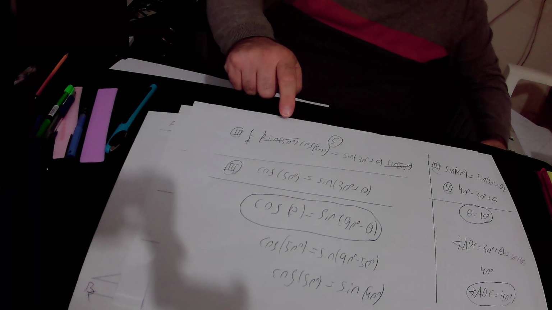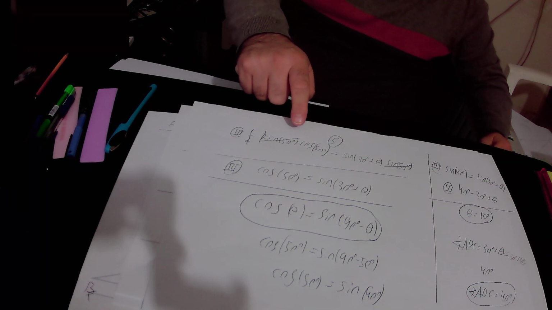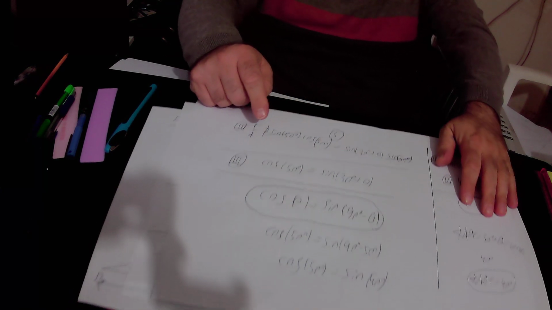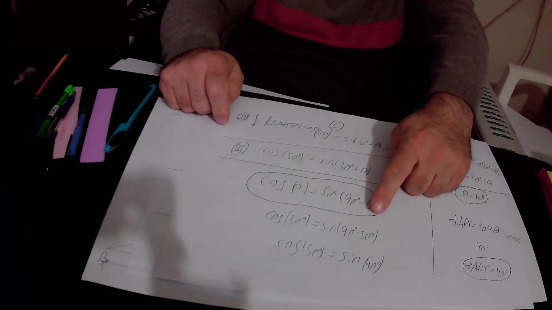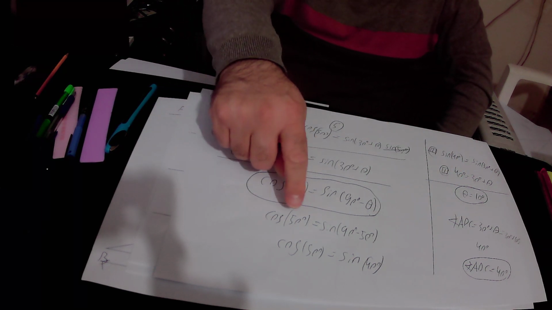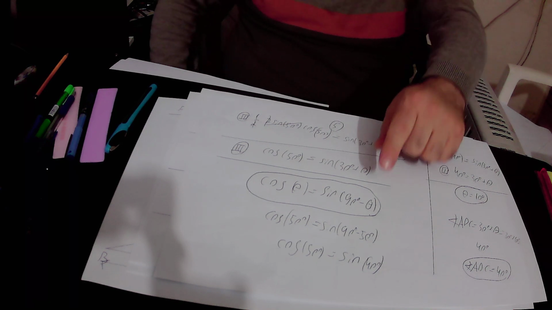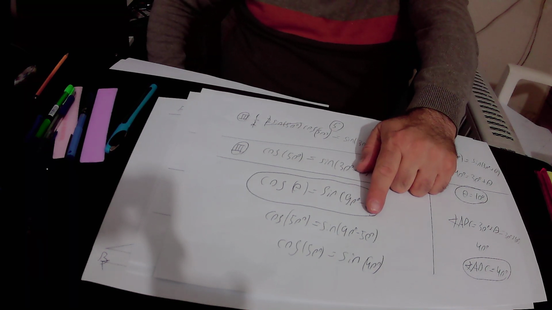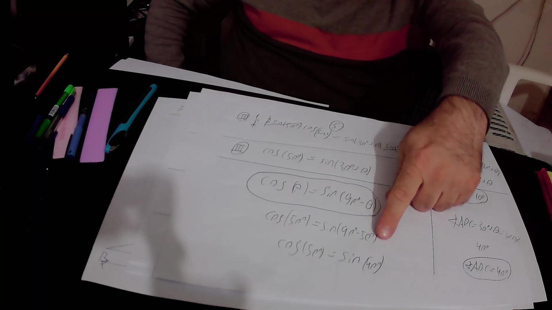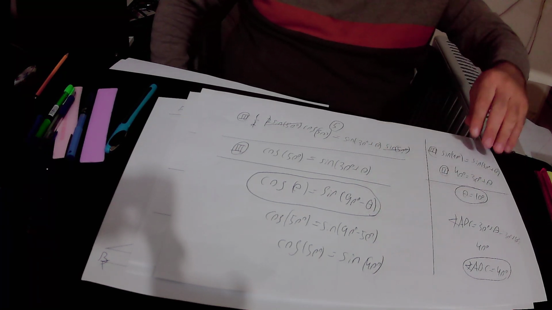And according to the trigonometric identity that cosine theta equals sine 90 degrees minus theta, we will get that cosine 50 degrees equals sine 90 degrees minus 50 degrees. That is to say, cosine 50 degrees equals sine of 90 degrees minus 50 degrees, which is 40 degrees. So we found out that cosine 50 degrees equals sine 40 degrees.